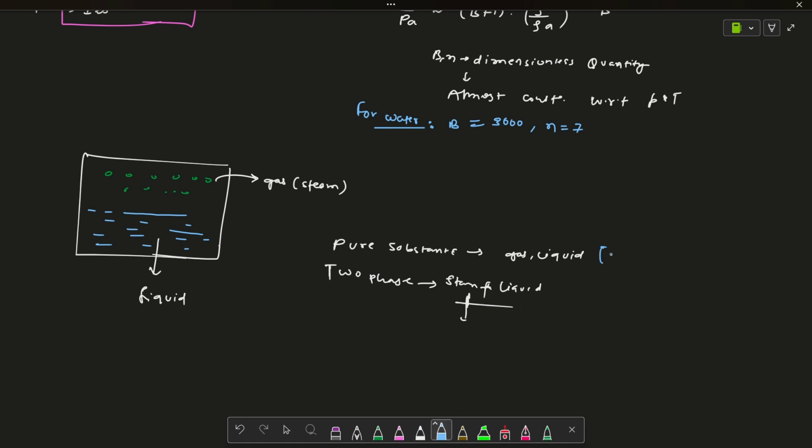In the pure substance, we have seen that two properties are enough to know the state of the fluid. In this case, we need three properties to be known. If you know the pressure and temperature, you will know the density and everything. In this case, you have to know pressure, temperature, and X, the amount of steam in water.